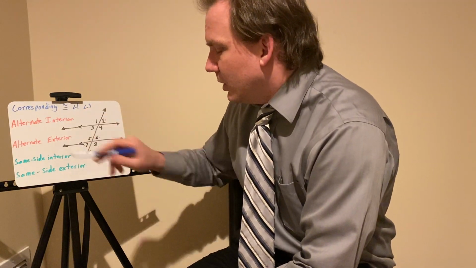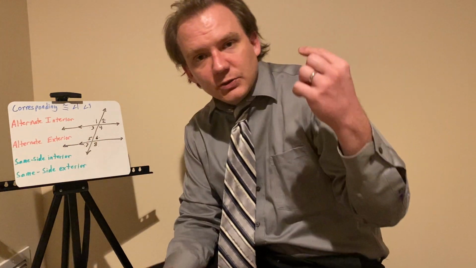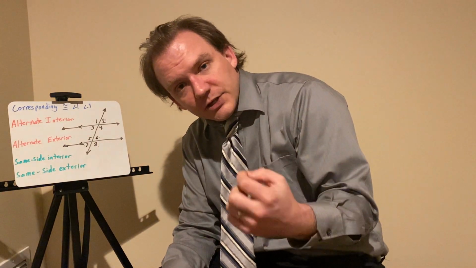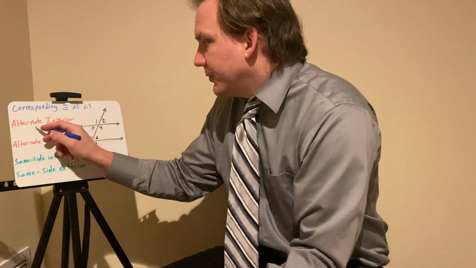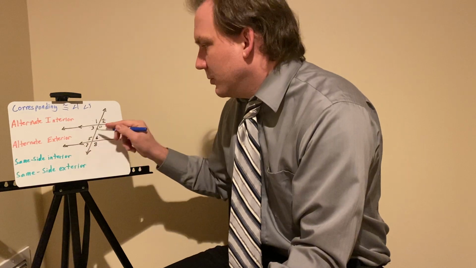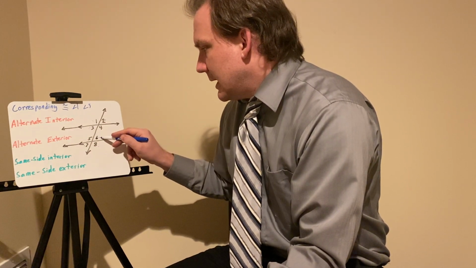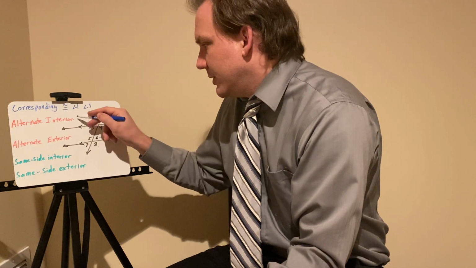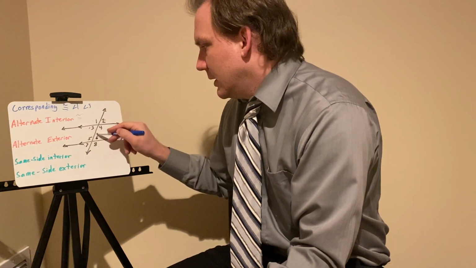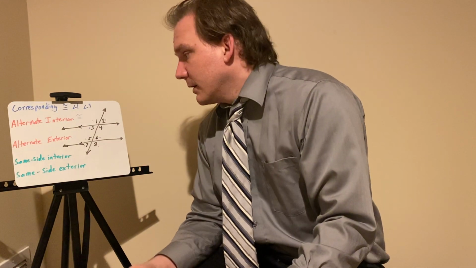Alternate interior and alternate exterior angles are also congruent. The words in the names help to understand which two angles it's talking about. Alternate means you're on different sides of the transversal, and interior means you're inside the parallel lines. So 3 and 6 are alternate interior, and they are congruent. 4 and 5 are alternate interior, and they are congruent.